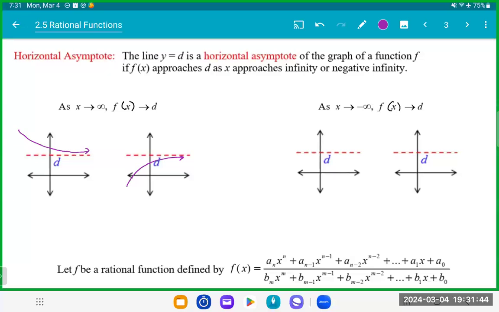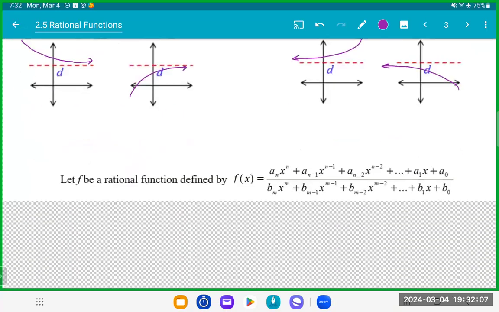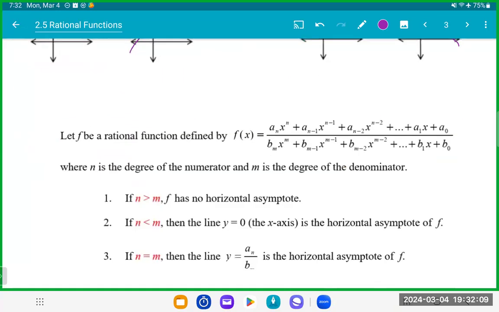For the other graph, as we are approaching negative infinity, right? So my x is approaching negative infinity, or we could be approaching negative infinity from the underneath side. Okay. Question. We have a couple of rules when it comes to our horizontal asymptotes. So really, this is what you want to commit to your memory.